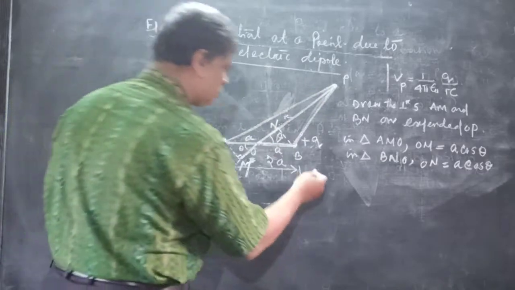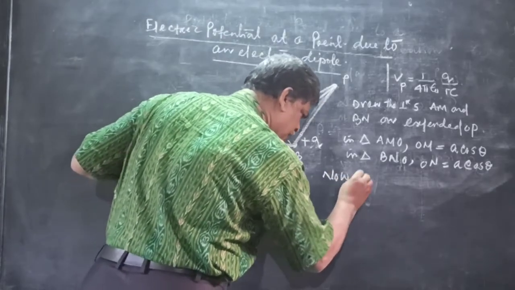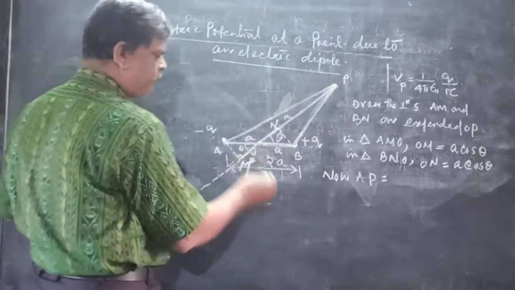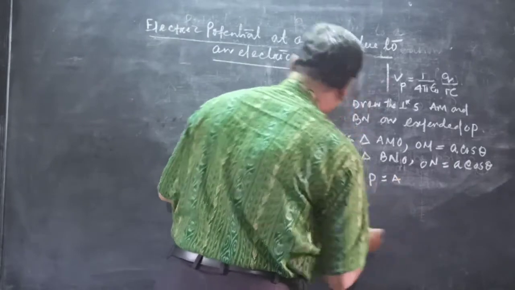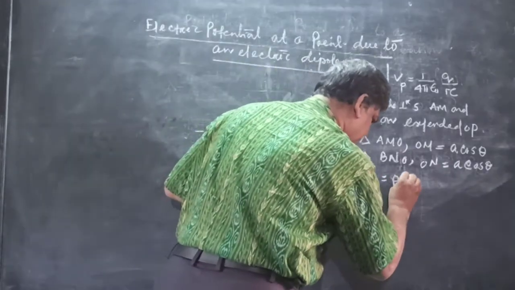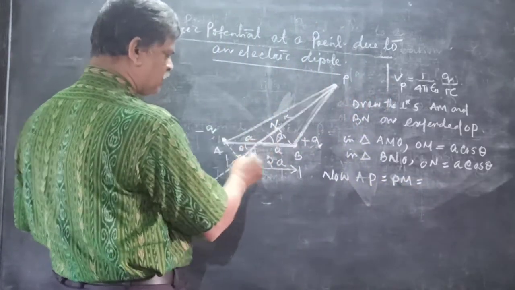So AP is equal to PM, and this can be written as PO plus OM.